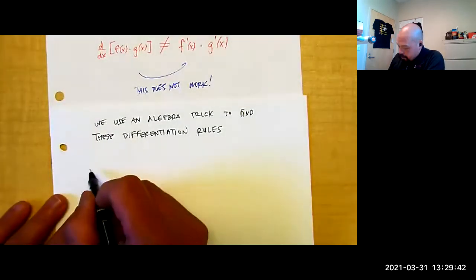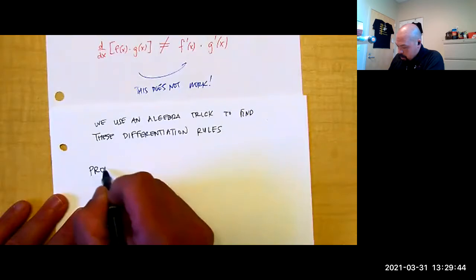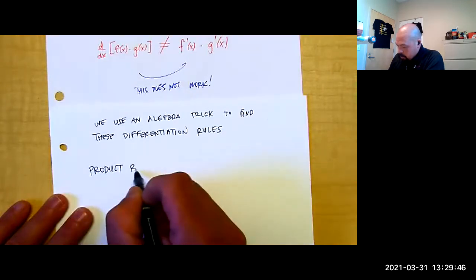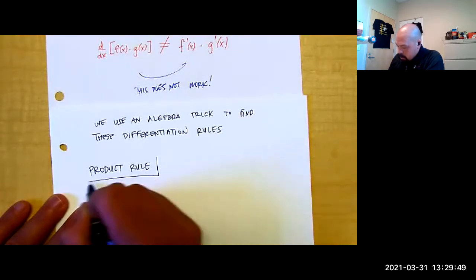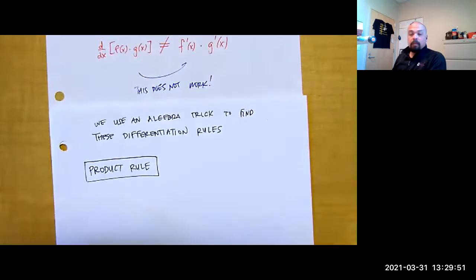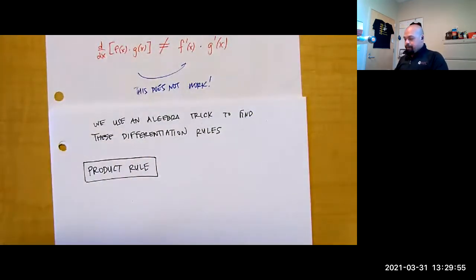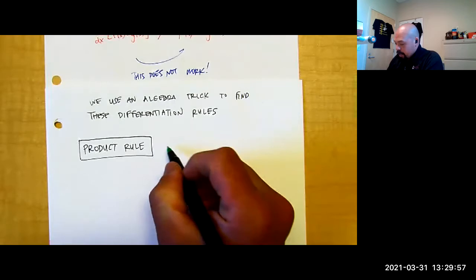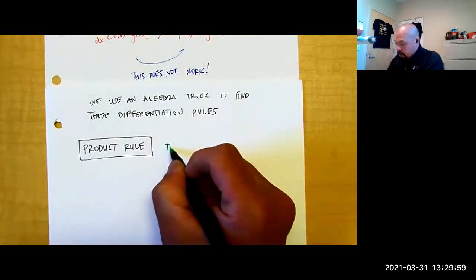So let's start off with our product rule. Okay, so in this case, we're going to go through these steps in order to get the process here.